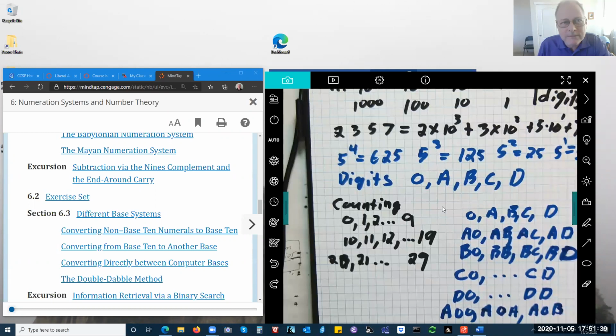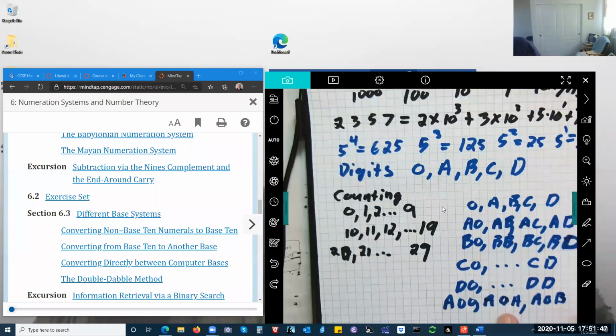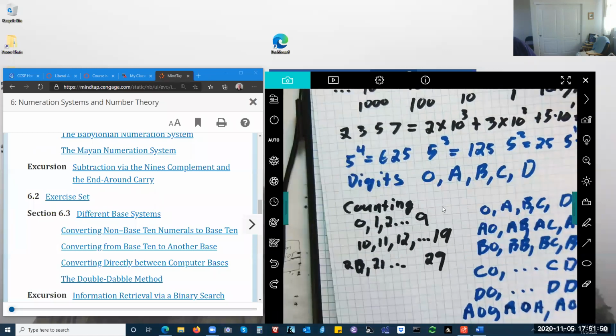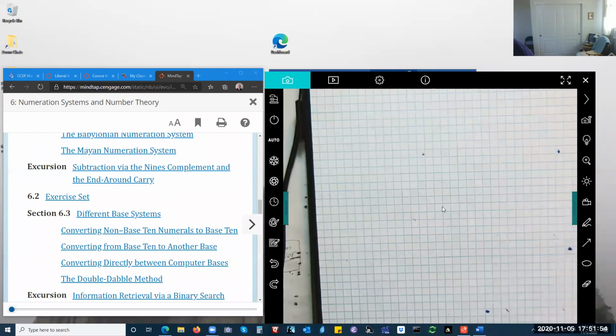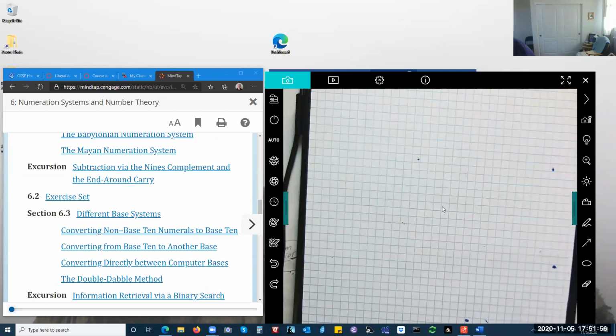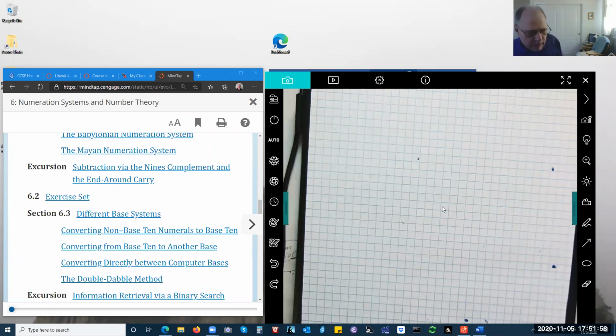We'll do that later. So that's how you do the counting. Let's do a couple of problems where we convert numbers between the 2 systems.